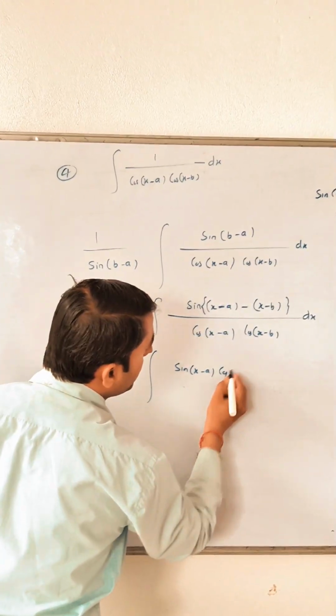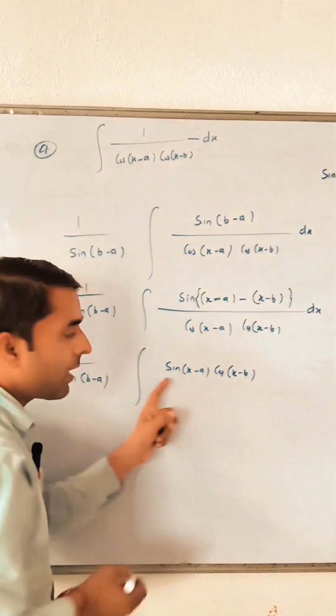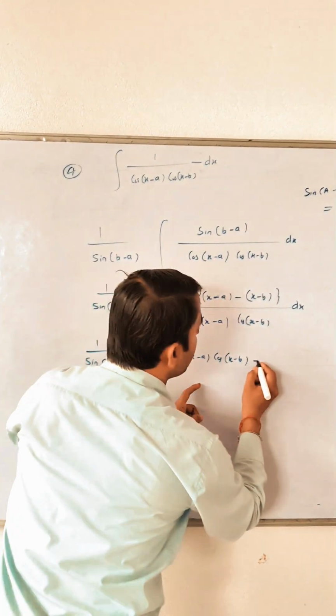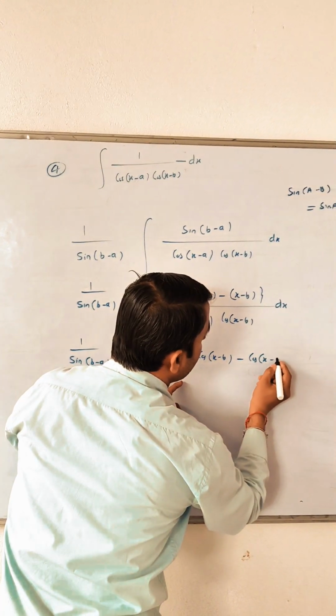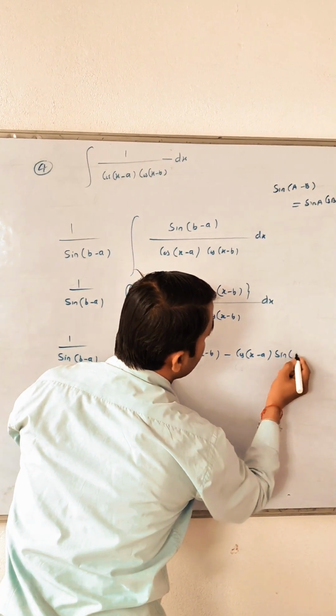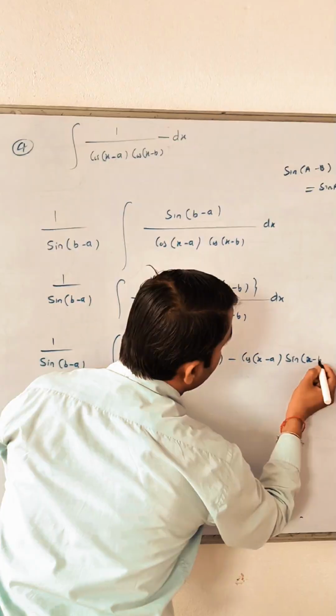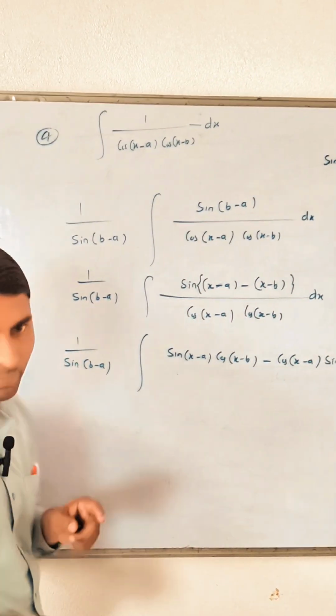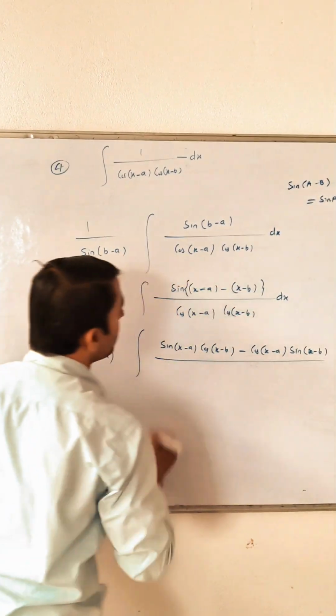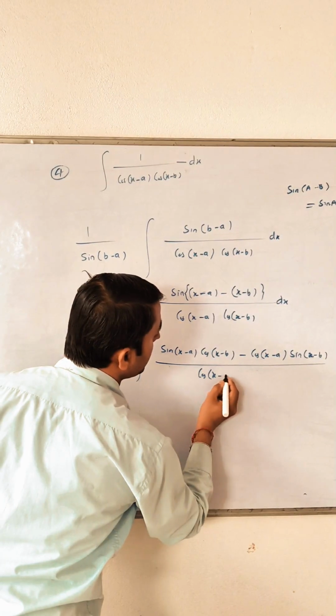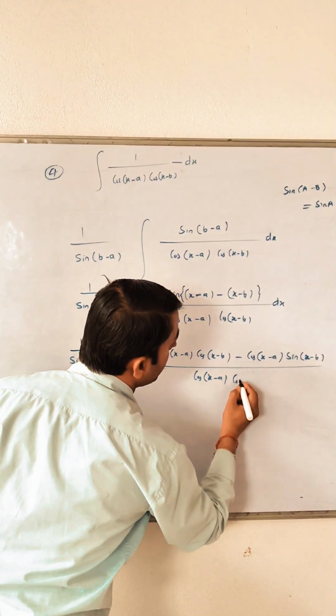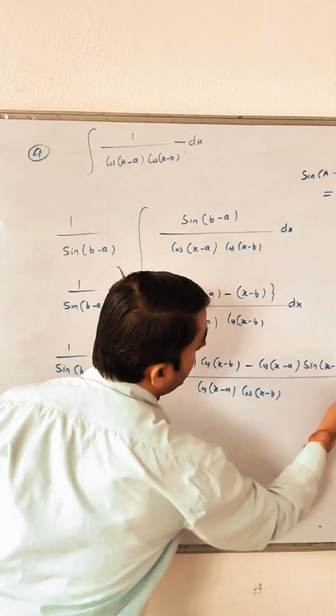Okay. Here sin(b minus a), now use this formula and expand it: sin a cos b minus cos a sin b.